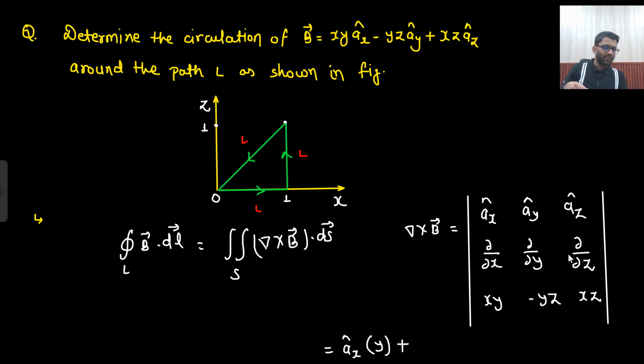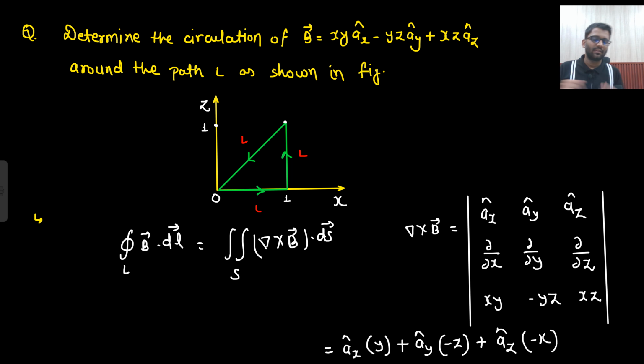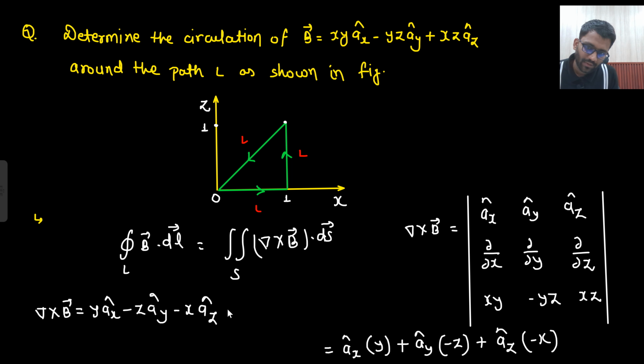Did you get this point? 0 minus, then y would come common. Differentiation of z will be 1 only, so 0 minus minus y, y ax cap. Then what about ay? In ay this will be 0 minus z. And what about az? In az you are going to get 0 minus x. So your del cross B is coming out to be y ax cap minus z ay cap minus x az cap.